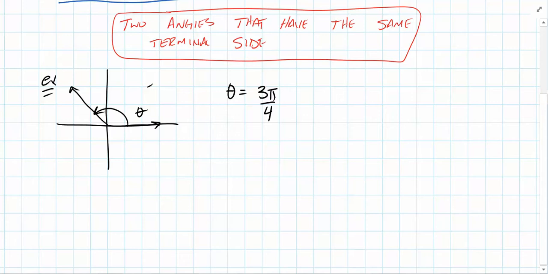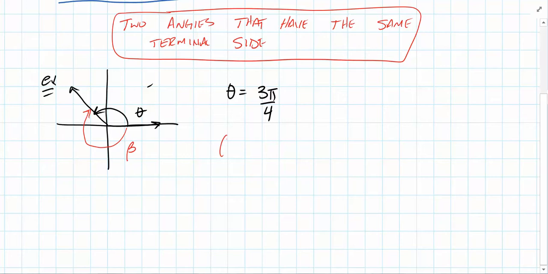There's another way I could get there, though. Does anybody see it? How else could I end up in that same position in the second quadrant? Think of negative. I could go the other way, right? I could take this route over here and call that beta. What angle would that be? Negative 1 pi over 4, negative 2, negative 3 over 4.